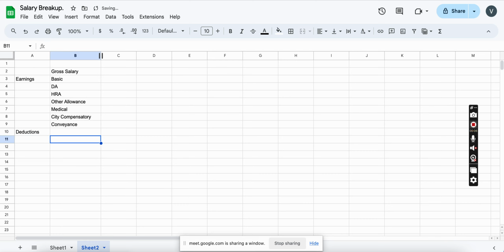Now deductions are like ESI employee, PF employee, professional tax, then income tax.